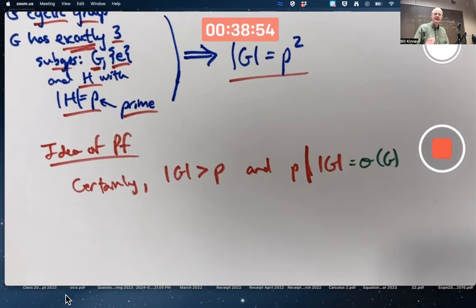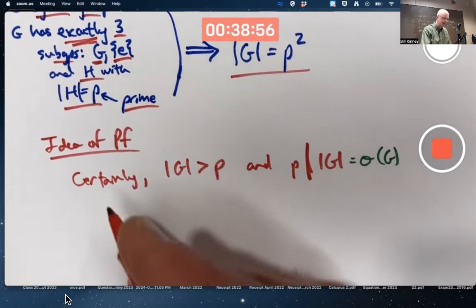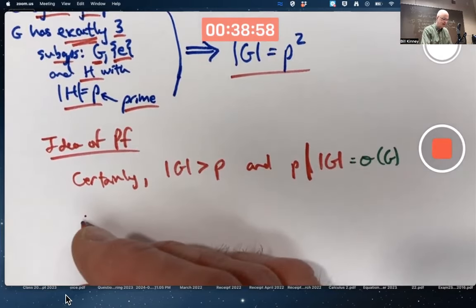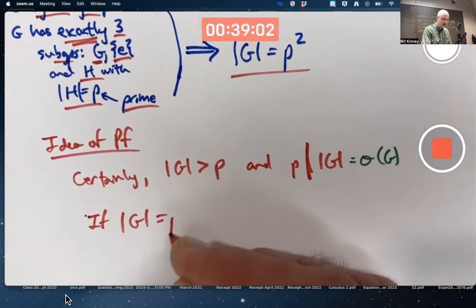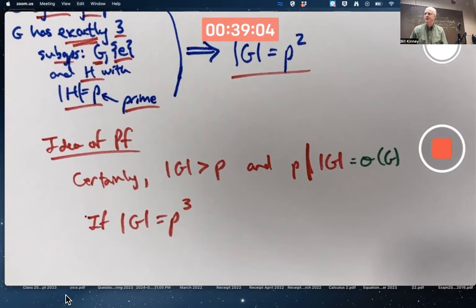Let's not do a full argument here, but for example, if the order of G were, say, P cubed. I'm kind of arguing by contradiction right now, but not really doing the actual proof, just sort of problem solving. If the order of G were P cubed, how many subgroups would G have? G is still cyclic.